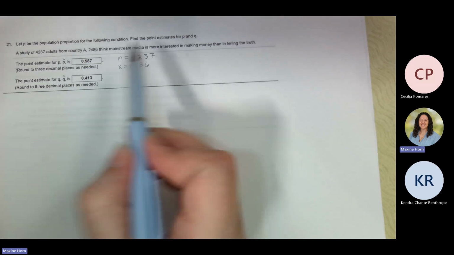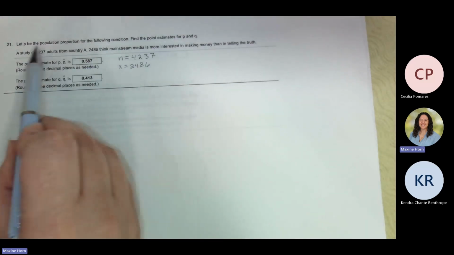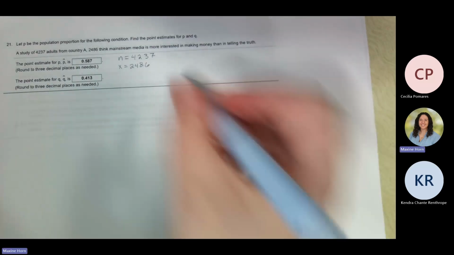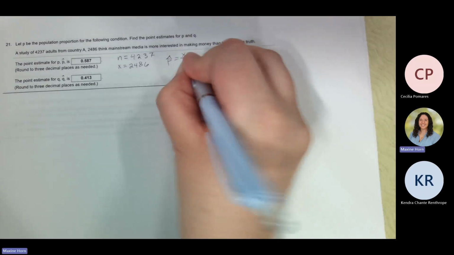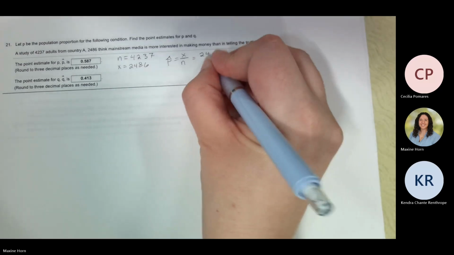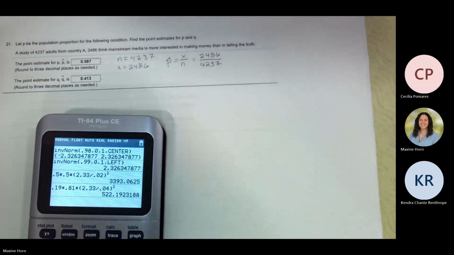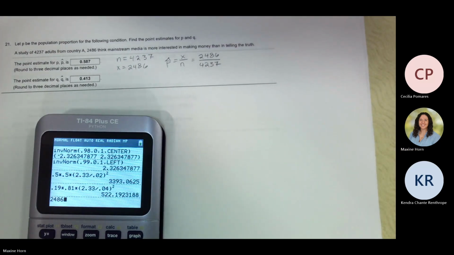So they've told us that this is the condition that we want to find the population proportion for. So the point estimate for the population proportion is p hat, which is x over n. So we're just going to plug that into our calculator, and we get this number. Okay, great. So that's p hat.